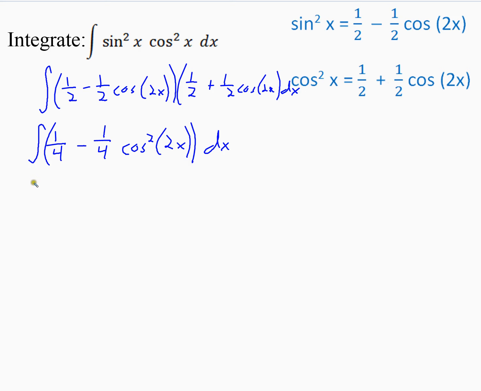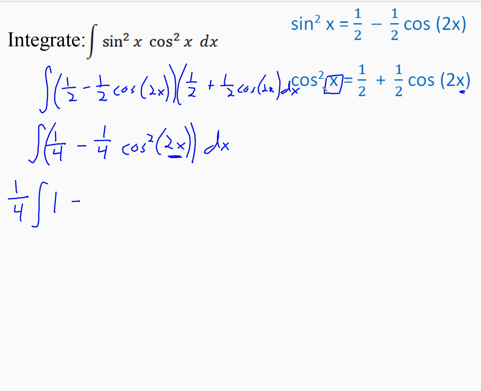So we can bring a 1/4 out right now. We could have left it in there till the end. We got a 1 minus. So instead of writing cosine squared 2x, we can use this identity, except we have to realize this is a 2x. So when we go to put this in our formula, that 2x really goes in for this x here, because our formula has just a 1x.